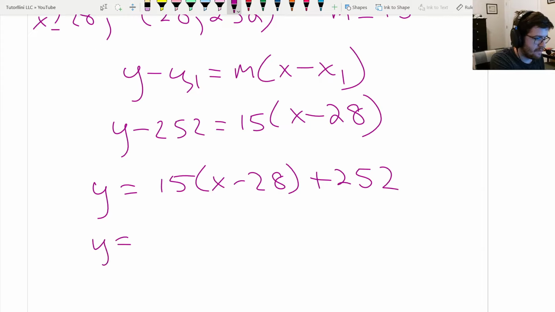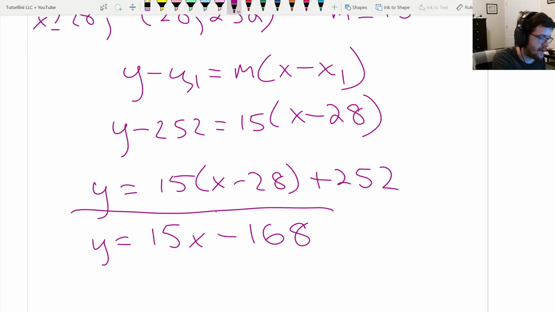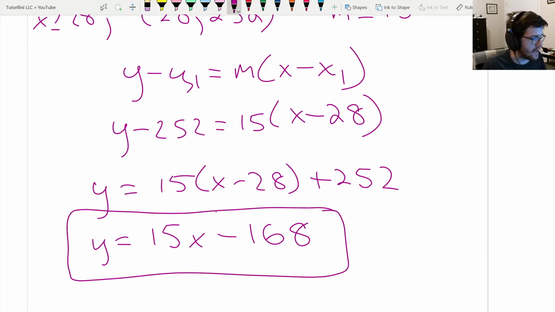So this is 15x, 15 times negative 28 is negative 420. Negative 420 plus 252 is negative 168. So we now have this equation when x is greater than or equal to 28 people, for the total charge that got spent in the arcade. Great.